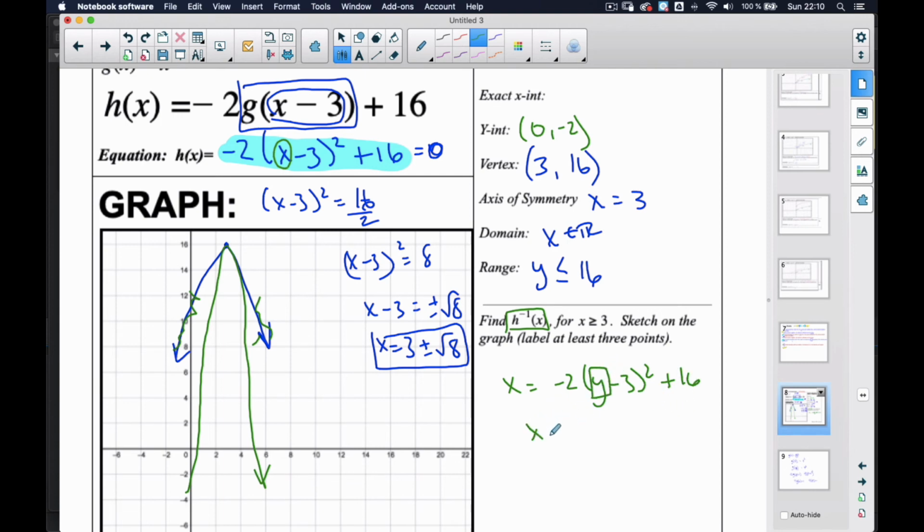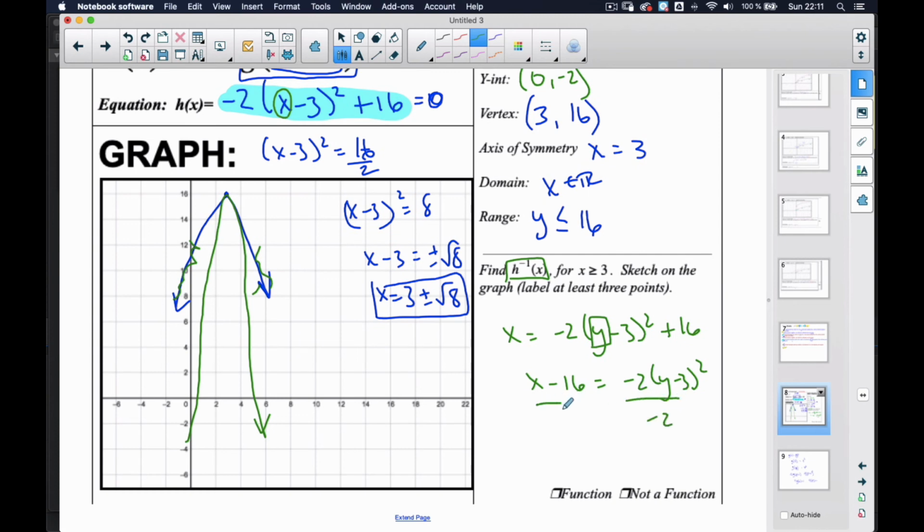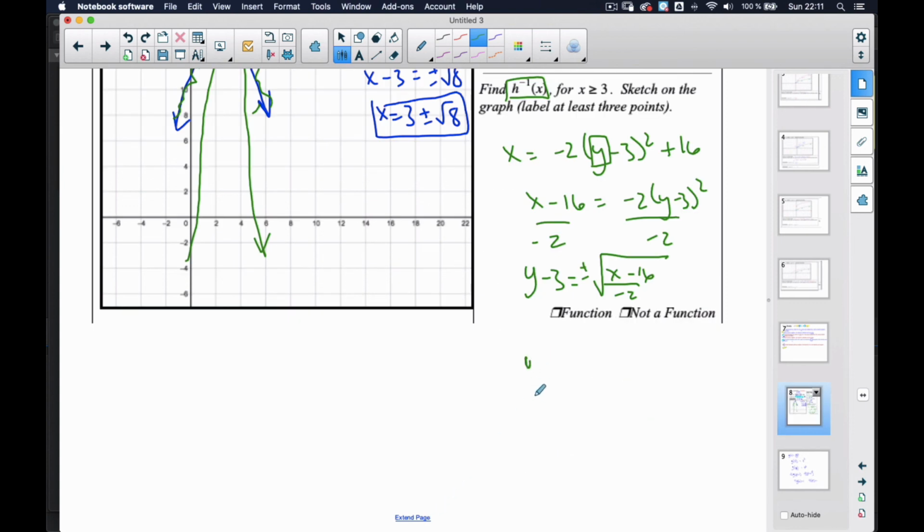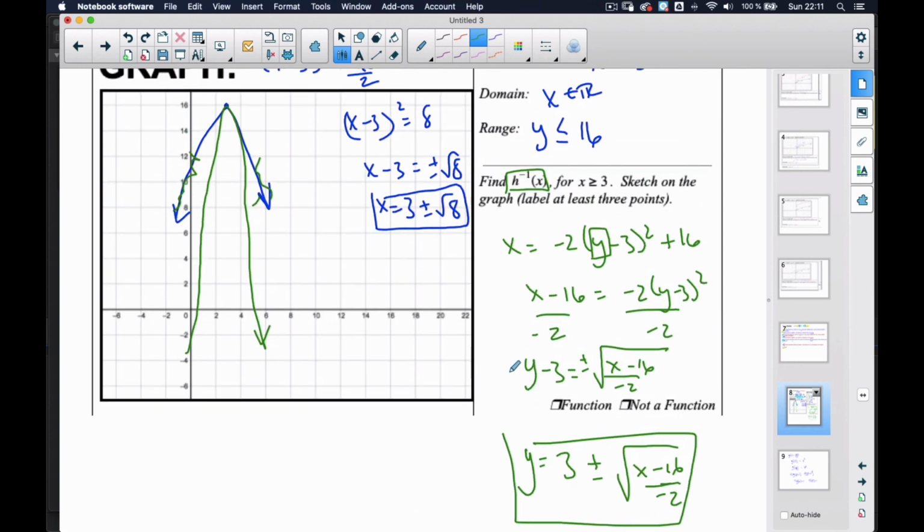So I get x minus 16 is negative 2 times y minus 3 squared, divide by the negative 2, and then I'm going to take the square root, so y minus 3 is equal to plus or minus the square root of x minus 16 over negative 2, and then I'm going to add the 3. So I get y equals 3 plus or minus the square root of x minus 16 over minus 2, and there is my inverse function, h to the negative 1.